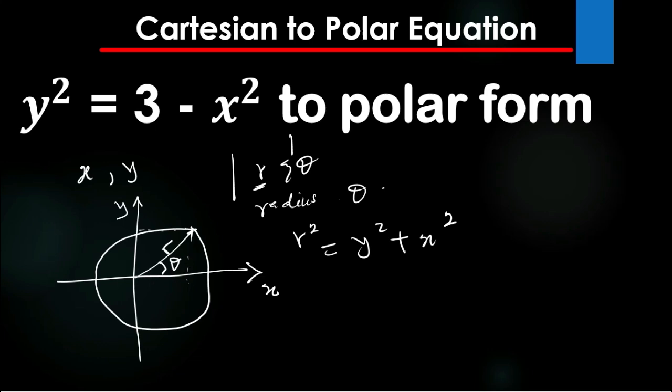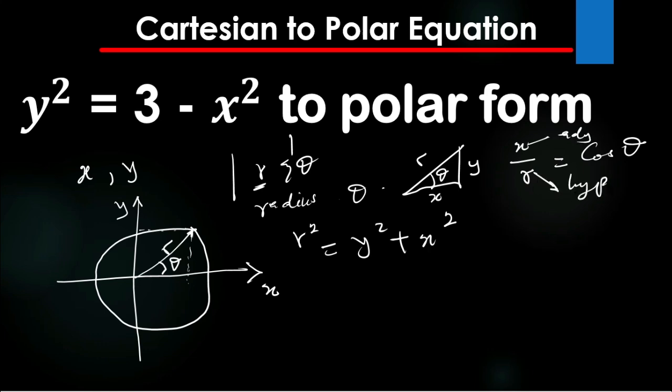Now let me bring this out. That's the r, here is y, here is x, and here is my theta. From SOHCAHTOA, we know that x over r is equal to cos theta, where x is the adjacent and r is the hypotenuse.